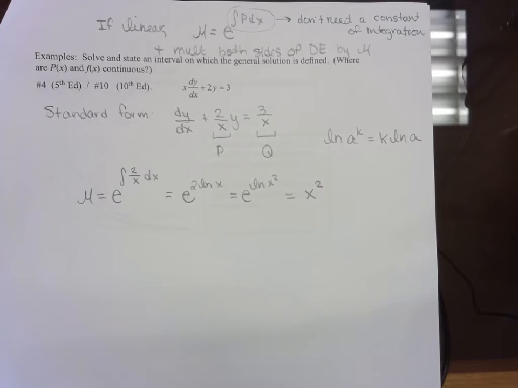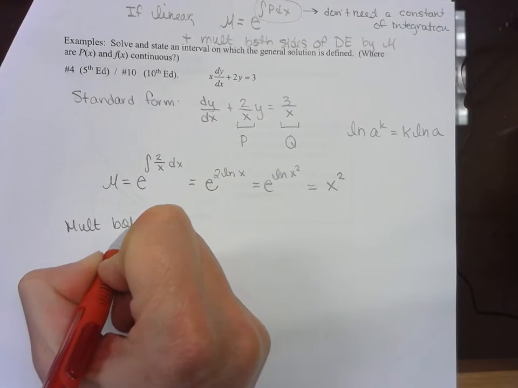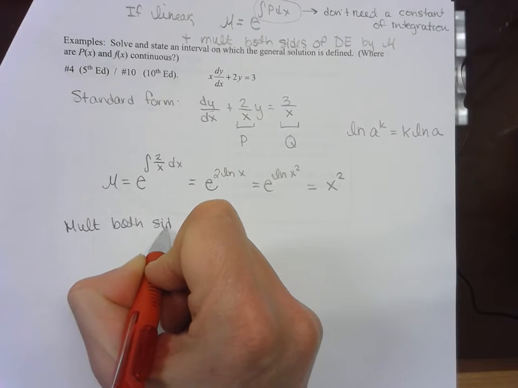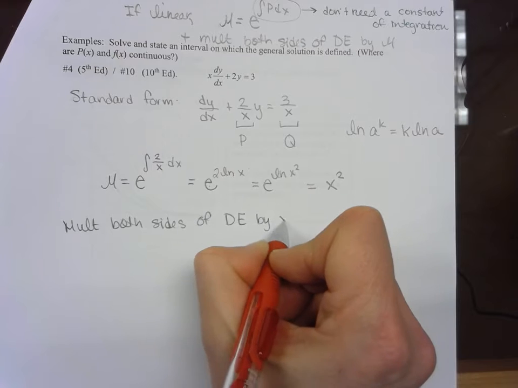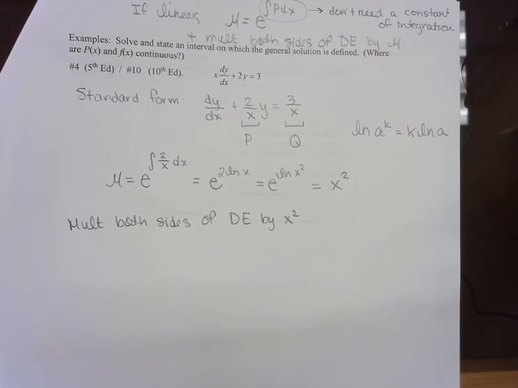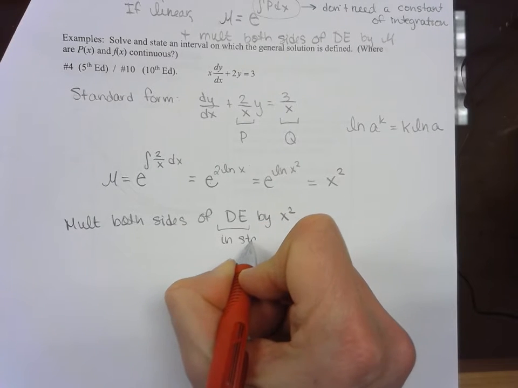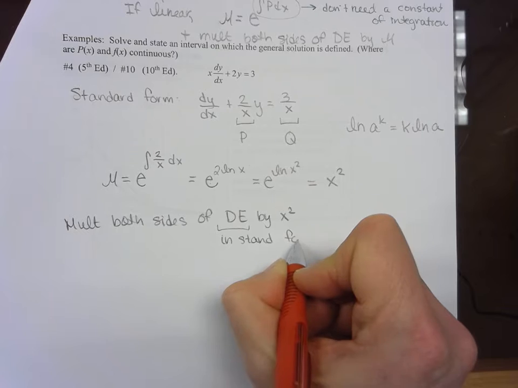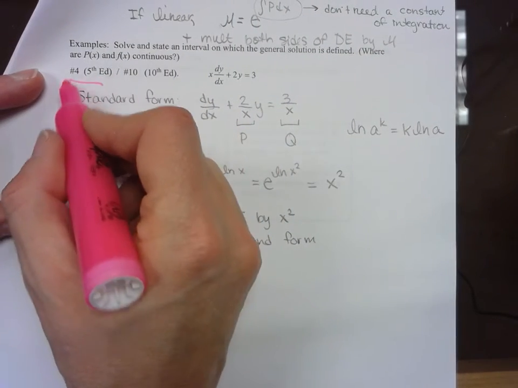So now what we want to do is multiply both sides of the DE by x squared. And when I say DE, what I mean is the DE that was in standard form. And here was our standard form.